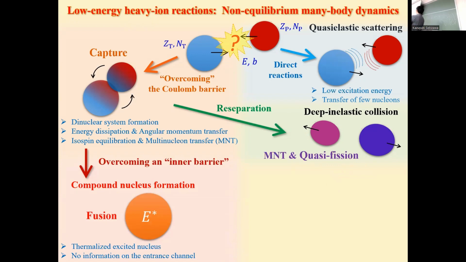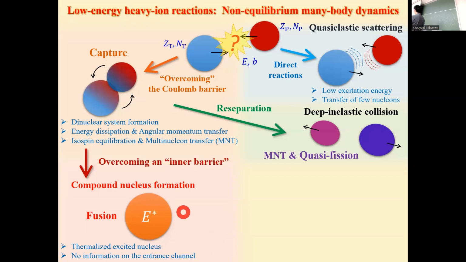After capture, of course, it can fuse, forming a single nucleus. To have the so-called fusion reaction, the dinuclear system must overcome an inner barrier. There is some barrier to make two nuclei get fused. After overcoming the inner barrier, we have compound nucleus formation. So this is a fusion reaction.